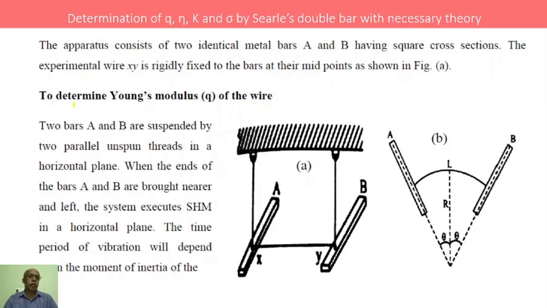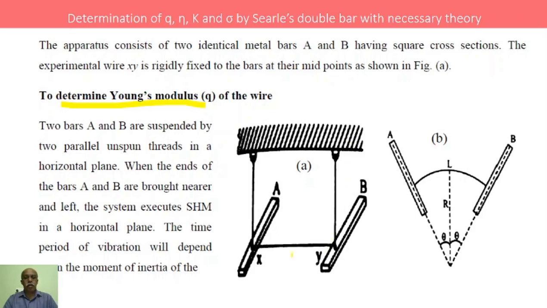So first of all, we are determining Young's modulus of this wire XY, and for that we have considered two bars A and B. The two bars are independently suspended with the help of threads, as shown in the figure, from a rigid support.